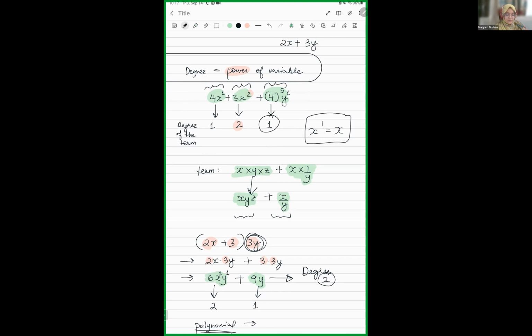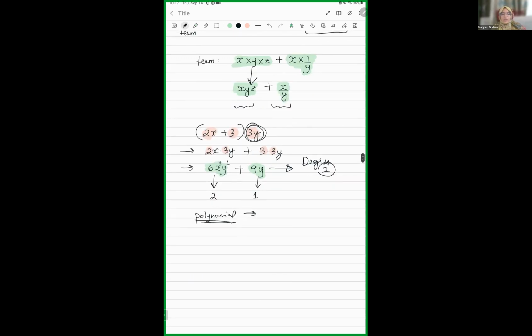No, you don't have to tell me the term. You have to tell me the highest degree of this expression. Just look at the 3 degrees we have written now: 1, 2, and 1. The highest is 2. So the degree of this expression is 2.